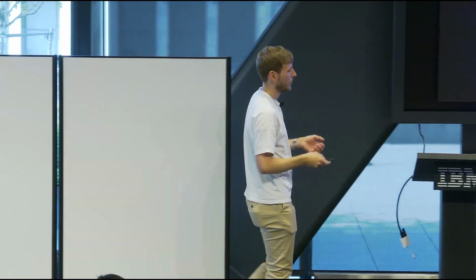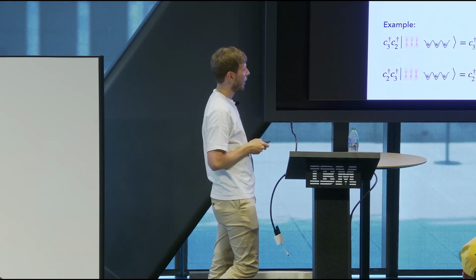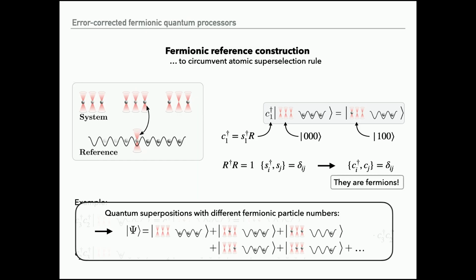You can convince yourself that this is a unitary operation. With that, you can create these number superposition states, as shown over here. And you see the reference state is only determined by the number of atoms left. Otherwise, it doesn't have any more structure. That's the underlying reason why this works.